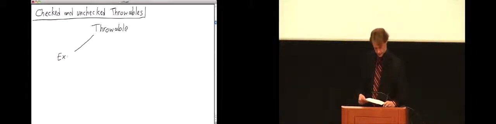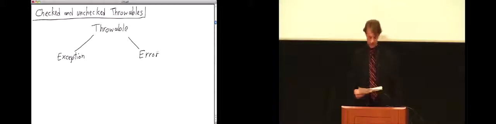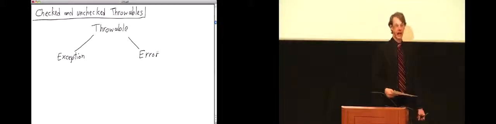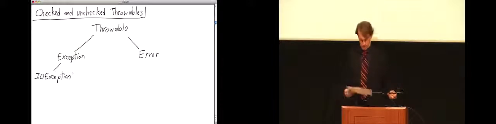The exception subclass and the error subclass. The exception subclass includes a lot of different exceptions. These are the kinds that you would likely throw yourself. These are the kinds you would likely catch. Things like I/O exceptions, for instance.